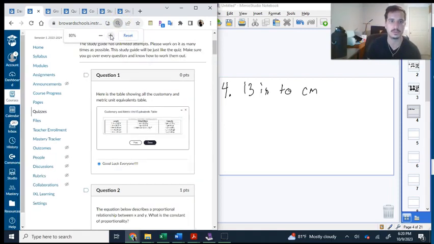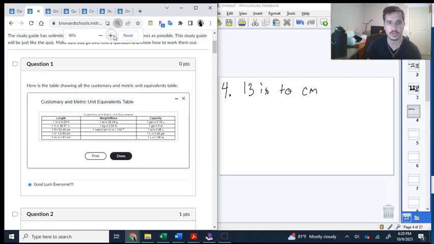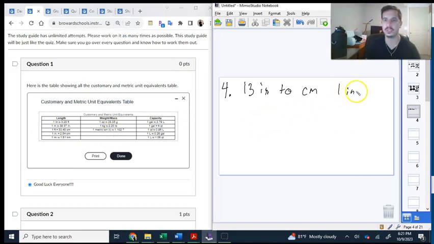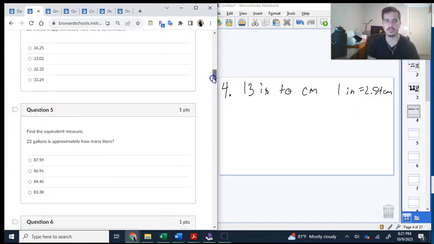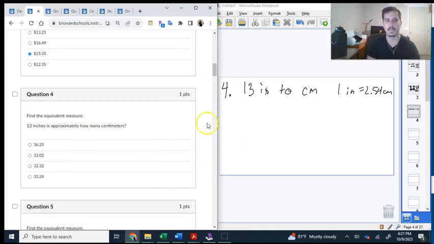We need to make it bigger. All right. So we see that 1 inch equals 2.54 cm. So what can we do? You said the bat and ball method? You guessed right. So what we're going to do is scroll back down to our problem.